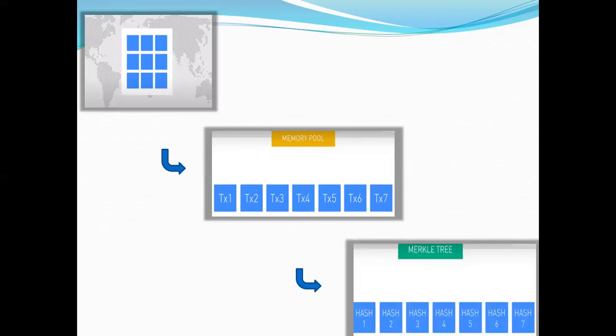After every transaction is hashed, the hashes are then organized into a Merkle tree or a hash tree, which is formed by organizing the various transaction hashes into pairs and then hashing them, and the process is repeated until the top of the tree is reached. The top of the tree is called the root hash or Merkle root, and it is basically a single hash that represents all the previous hashes that were used to generate it.